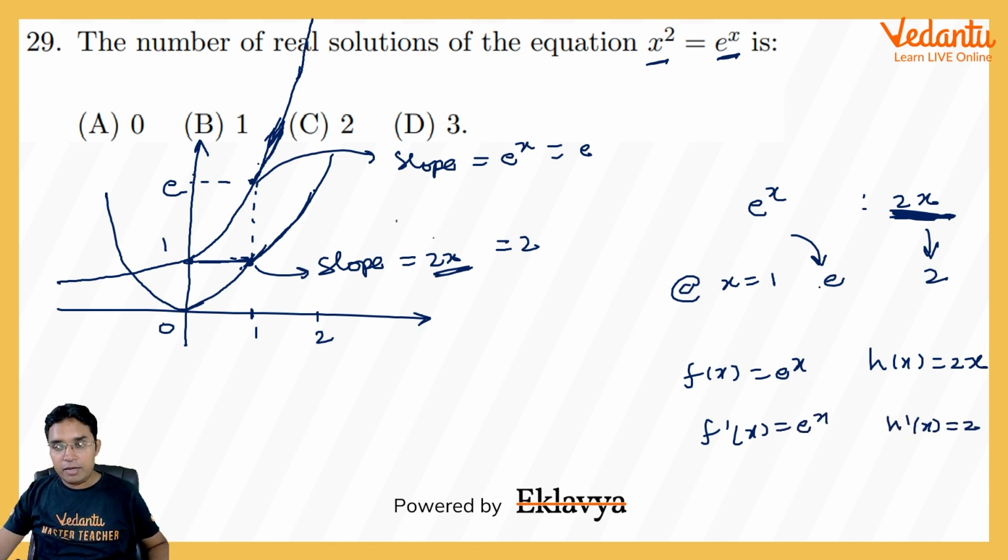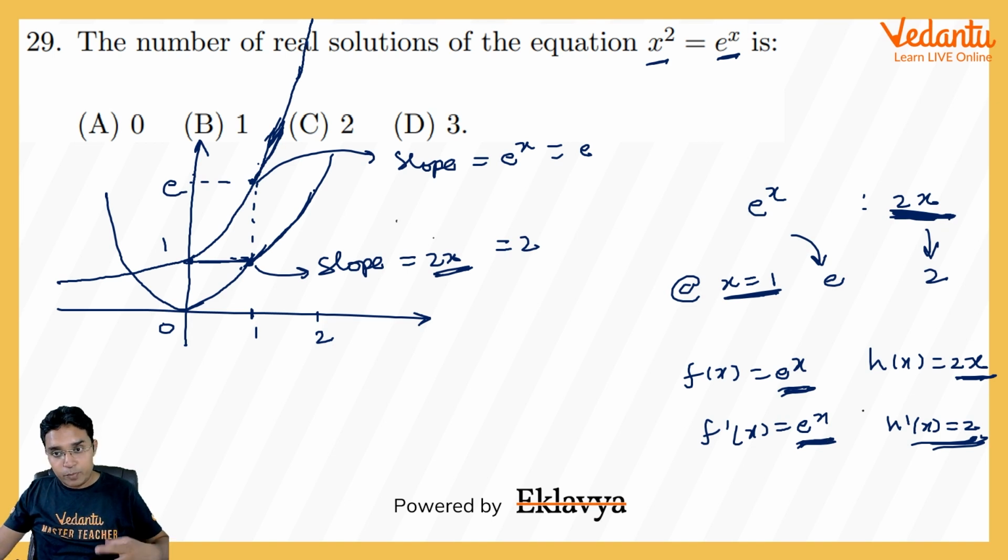Already we have checked that at x is equal to 1, this e power x was more than 2 power x. And the slope of e power x at x is equal to 1 or beyond will be far bigger than 2, because its slope is going to be 2 always, whereas its slope will also increase.